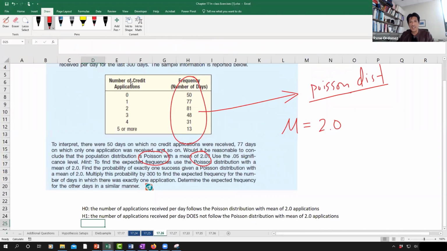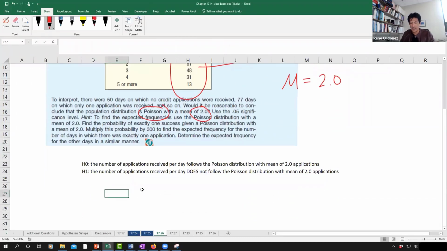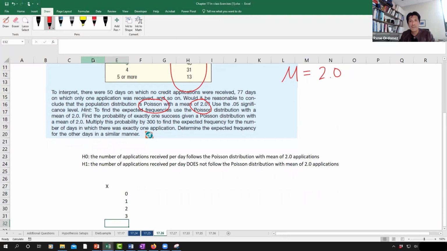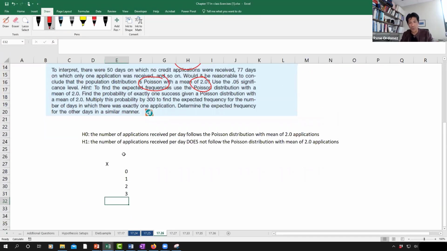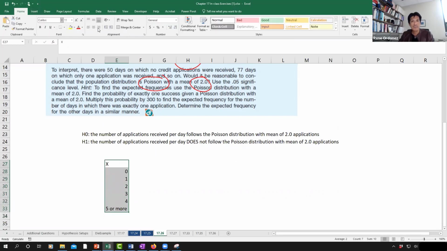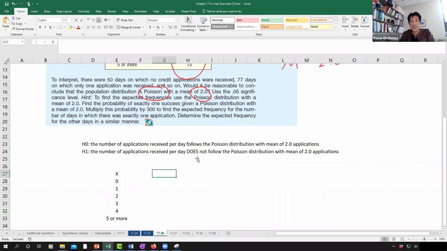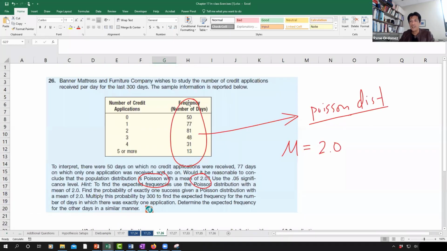So I'm just gonna rewrite this part over here. X, number of applications: 0, 1, 2, 3, 4, and then 5 or more. So that's X. And the number of observed frequencies.